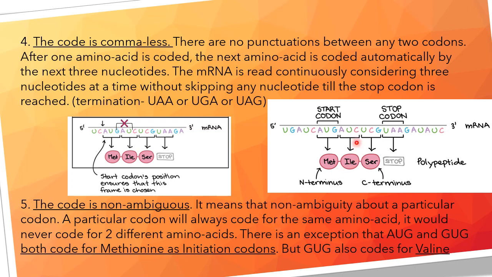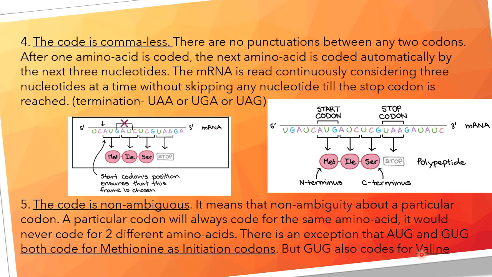There is an exception: AUG and GUG. These are both codons which code for methionine as initiation codons.